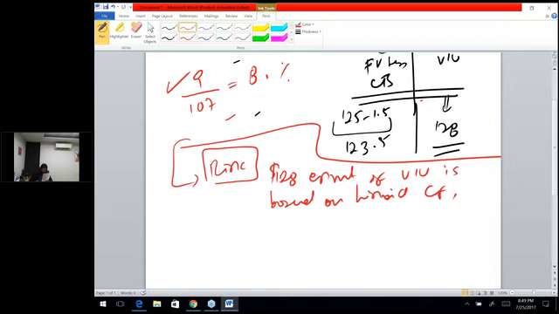So this 128 million of value in use, based on historical cash flow inflated by 1%, seems to be apparently incorrect. Why does it seem to be incorrect?